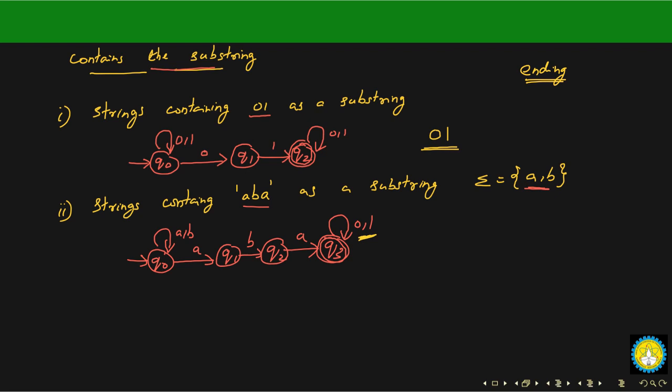Whereas this is essential in the case of questions having the contains clause, because that particular substring can be anywhere. The substring that you're looking for can be at the starting point, in the middle, or at the end. To consider all such possibilities, we should design our NFA like this.